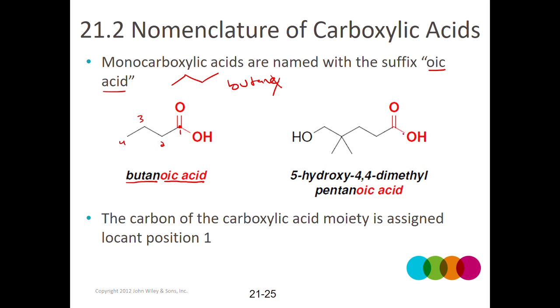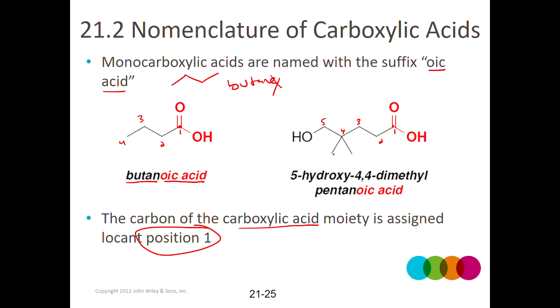Obviously, if there are functional groups, that's going to affect the name. We want to start the carboxylic acid carbon as position 1. We want to try to include that in our parent chain as often as possible. And when we number, we want to give that the lowest number we can, just like we did for the aldehyde.